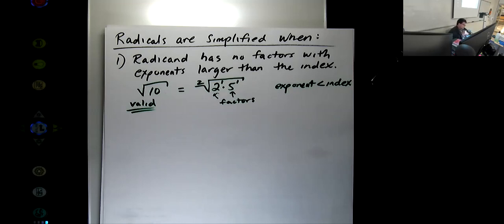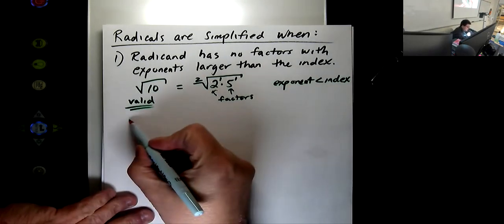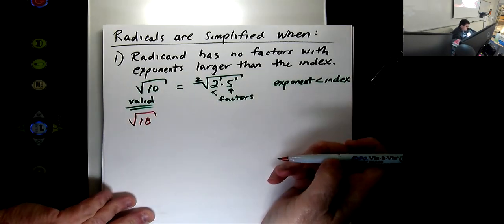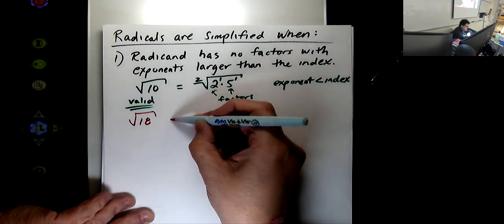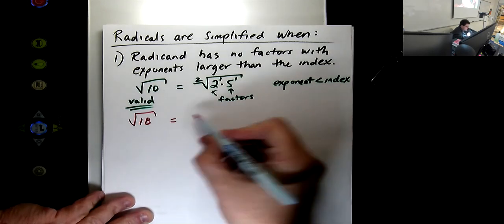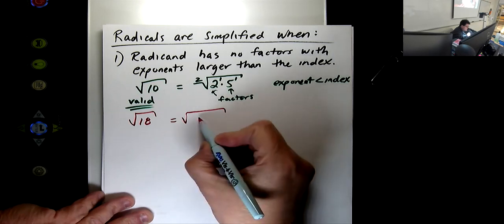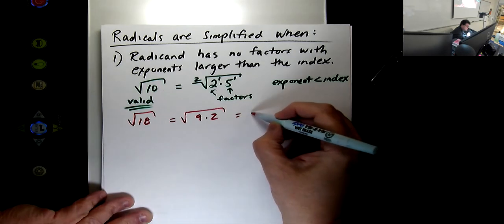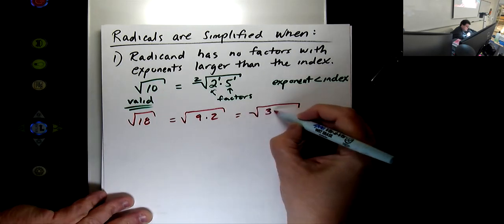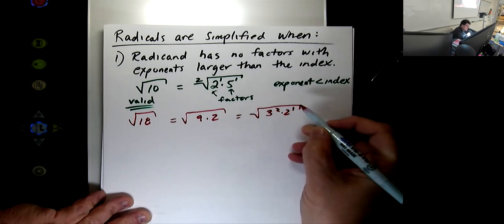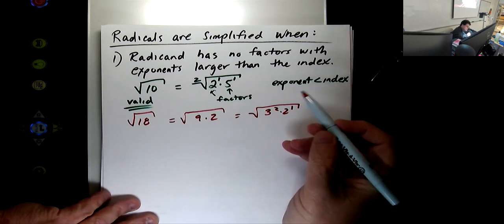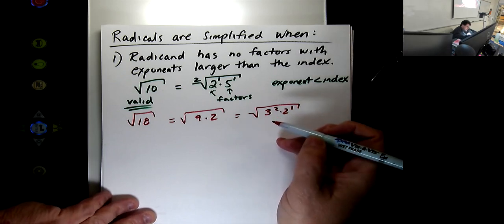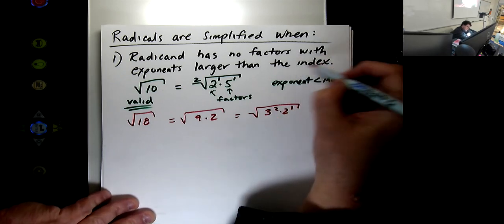One that is not is the square root of 18. The square root of 18 is the square root of 9 times 2, or 3 squared times 2 to the first power. Maybe I should say larger than or equal to.